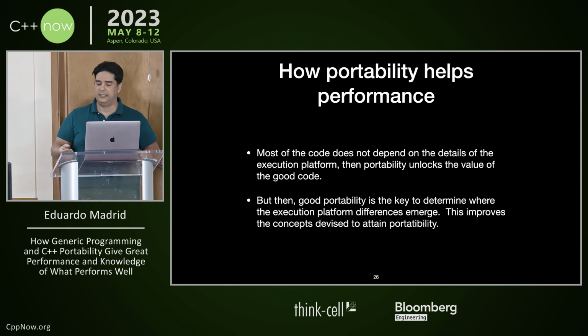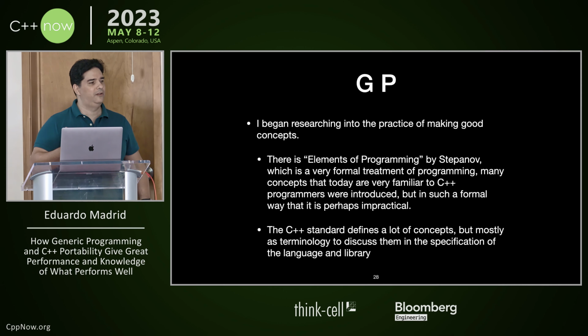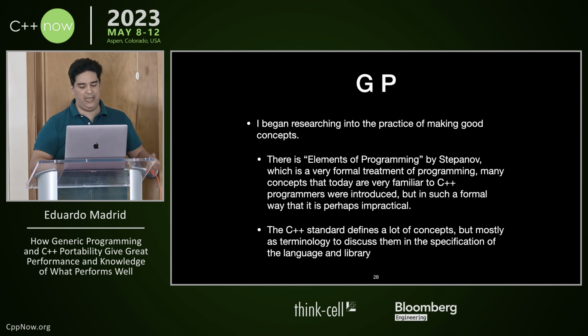Another source is the standard itself of our language, C++, which defines lots of concepts, but mostly has terminology to be able to define the language and the library, okay? So it doesn't really help you on what is the substance behind them.